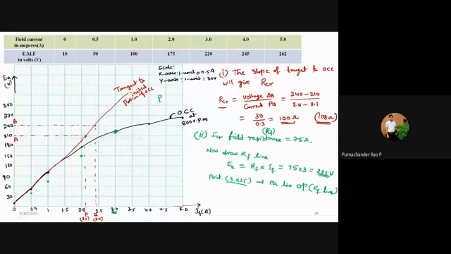So you join these points, you'll get the voltage. 75 into 2.5 is about 188, so for 2.5 you'll get a point here. In this way, you have to get the points, then join all these points.